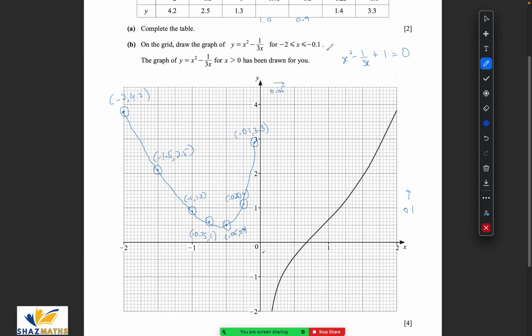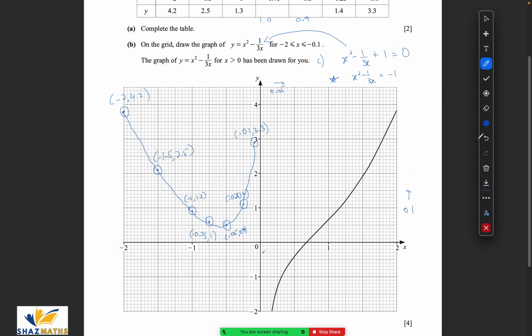That is part C. Okay, now for this one, the trick is always to make this equation the same as the one we have drawn in the graph. Now we can see that we have just this plus 1 extra. So if I move this plus 1 onto the other side, it's going to be x squared minus 1 by 3x equals -1.